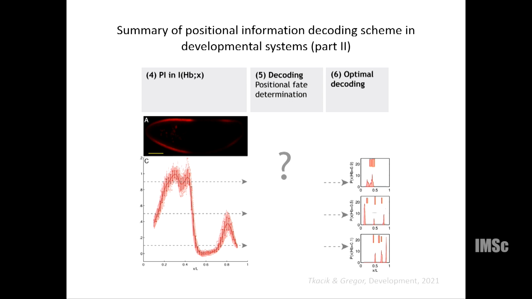In this first part of the talk, I focus on presenting this approach of how you get hunchback and other gap genes, the positional information in hunchback about the cell fate or the implied position, decoded to get the optimal decoding and then to specify the pattern.